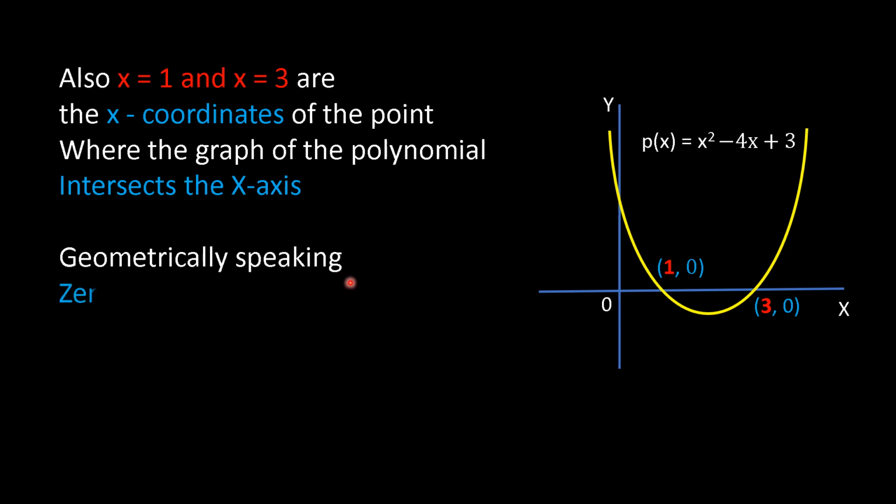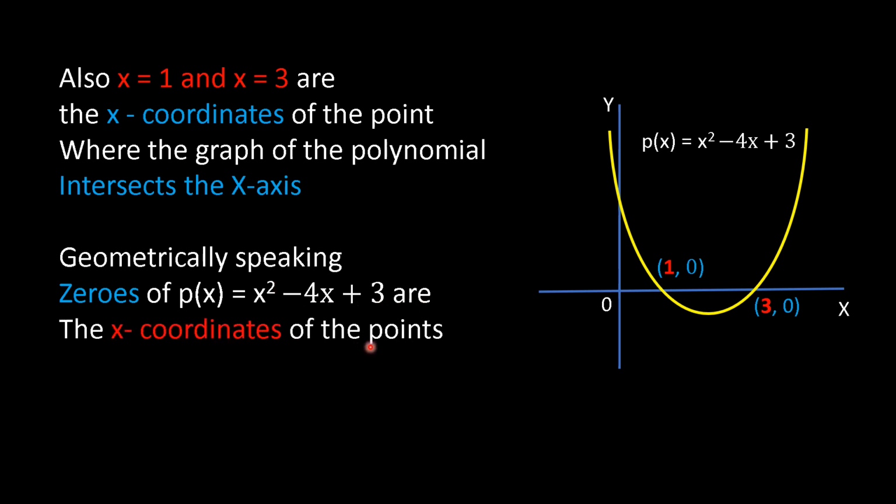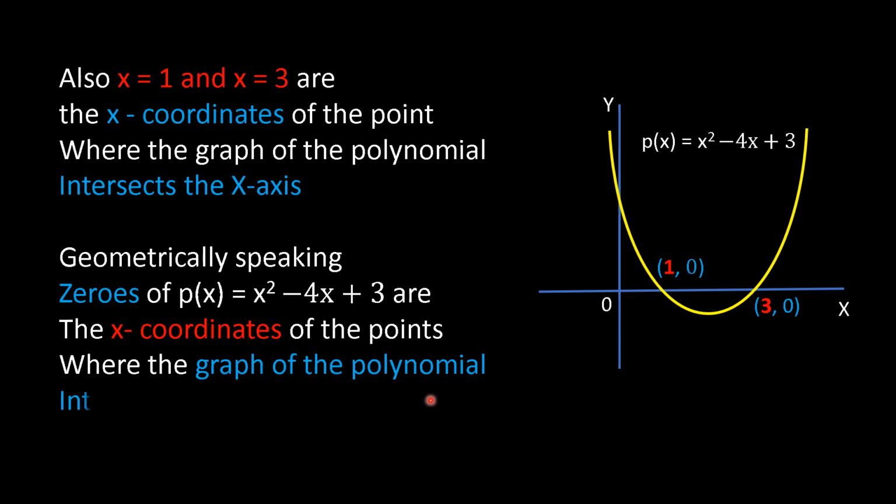Geometrically speaking, zeros of p(x) = x² - 4x + 3 are the x coordinates of the points where the graph of the polynomial intersects the x-axis. The graph of this polynomial intersects the x-axis in points (1, 0) and (3, 0), and the x-coordinates of these points, that is 1 and 3, are the zeros of this polynomial.